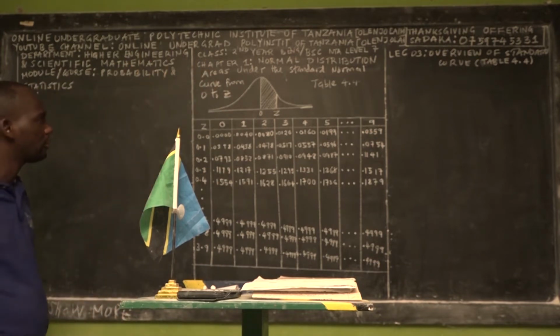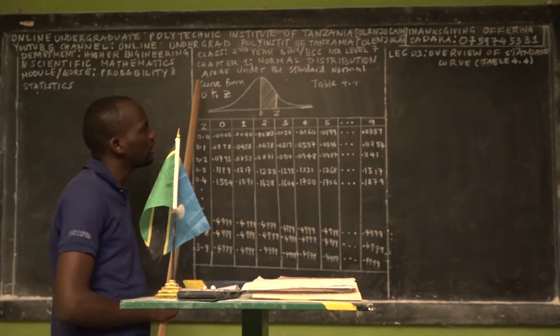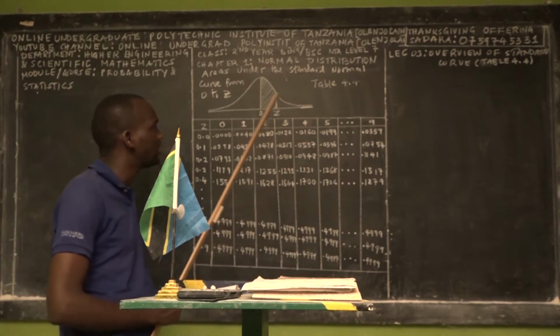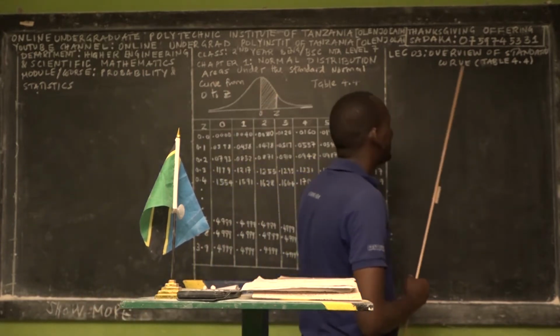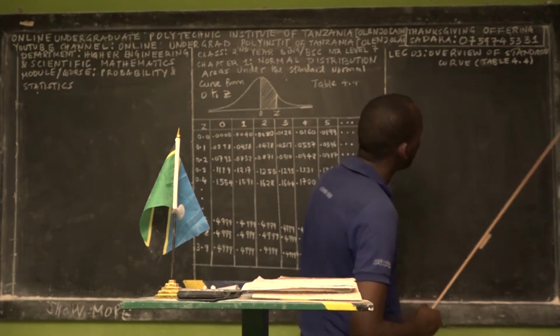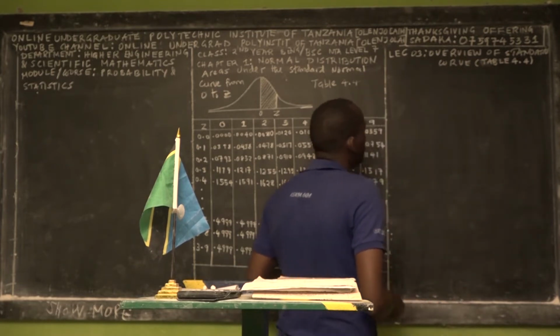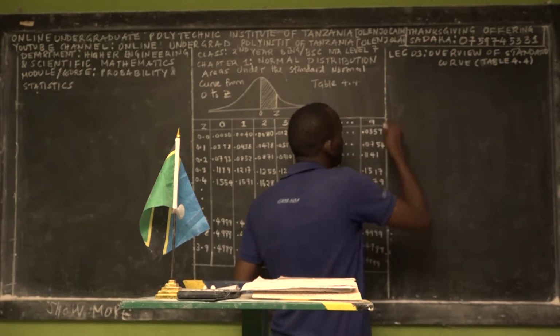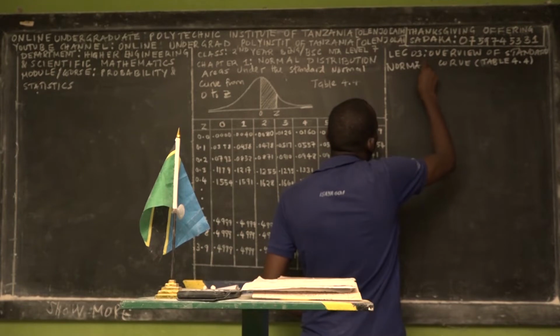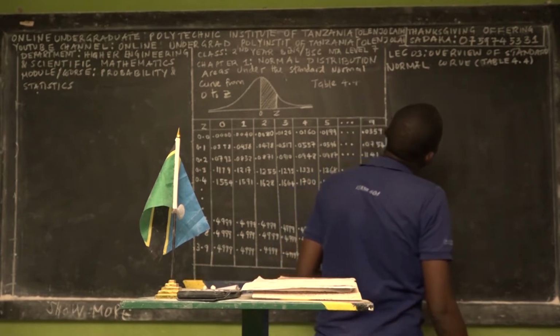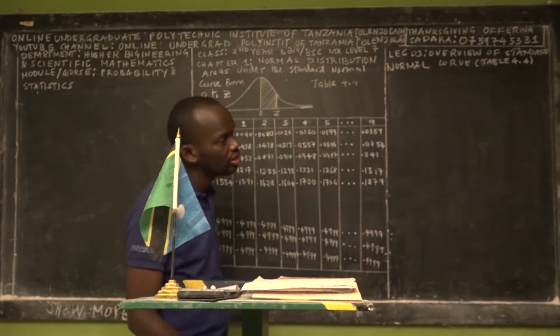We are in Chapter 1, called Normal Distributions, and today we'll focus on the area under the standard normal curve from 0 to Z, Table 4.4. This is Lecture 3, an overview of the standard normal curve, or standard normal distribution.